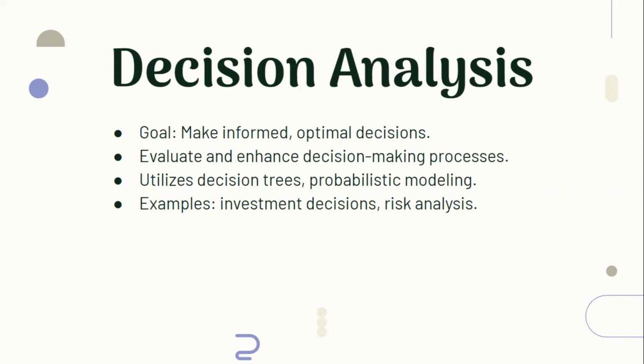Operations research employs decision analysis techniques to evaluate alternative courses of action, assess risk, and identify the best decision under uncertainty. Decision analysis helps decision makers make informed choices based on data, probabilities, and potential outcomes.